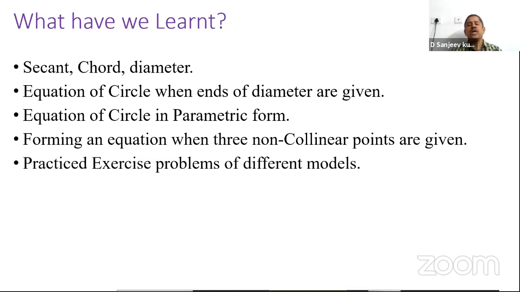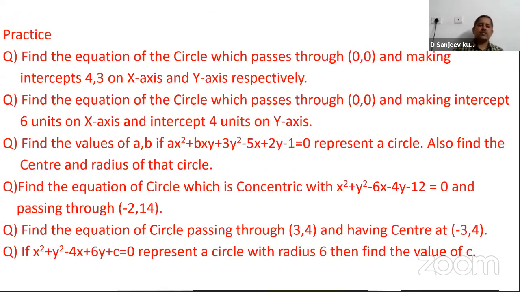Then we practiced some exercise problems on different models. So in today's class, you need to be very careful in understanding because a lot of practice is required, right? So I just shared some of the practice questions from the textbook. These questions also you can.